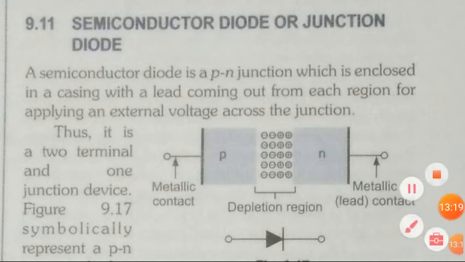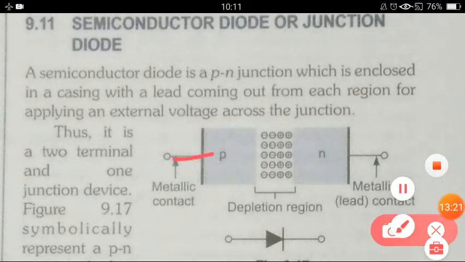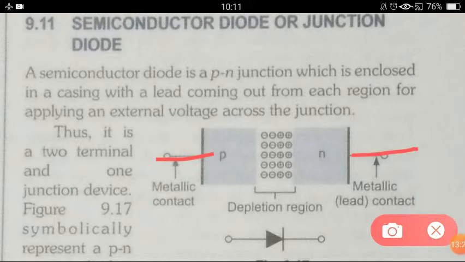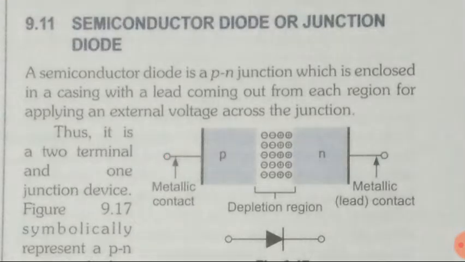Here you can see one lead is coming out from the p region and one lead from the n region. These two leads are connected to an external voltage across the junction, that means a battery, and they are used for different purposes.